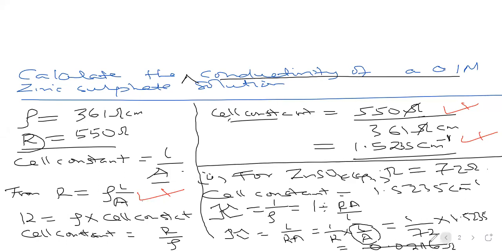Let me write this. Kappa is 0.02116 per ohm, because the ohm is the denominator here, then per centimeter. Should I assume everything is fine as per that calculation?